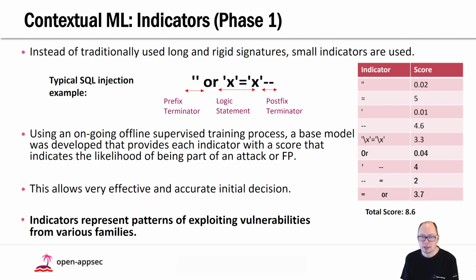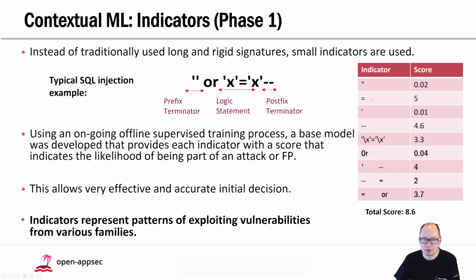for a very typical SQL injection attack, open-appsec's contextual machine learning engine would identify a long variety of indicators. For example, just the double quote is an indicator by itself, but of course it is quite often used in attacks, but by itself it doesn't have a strong indication that it's really an attack.